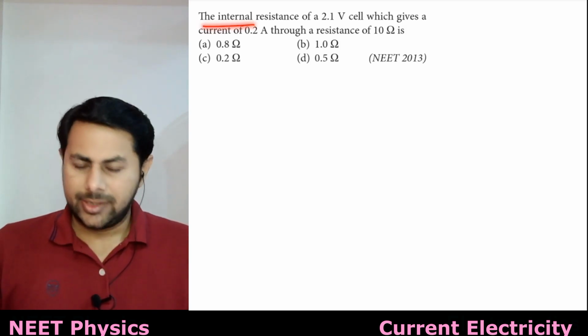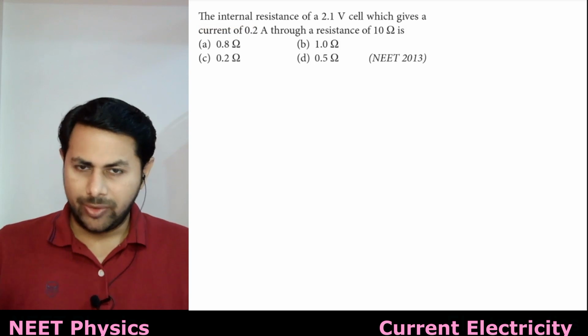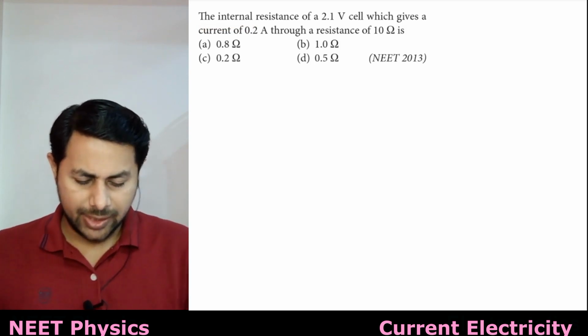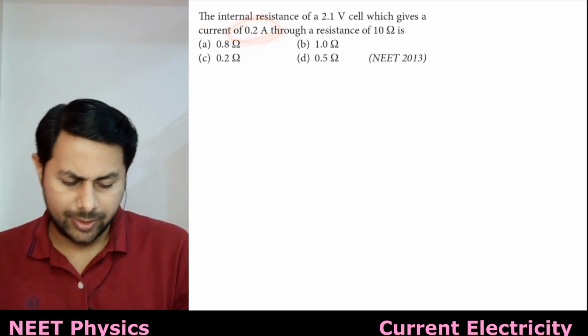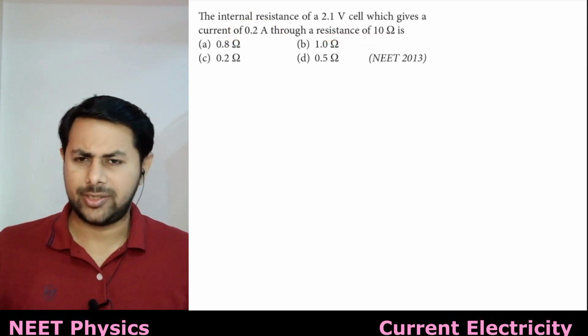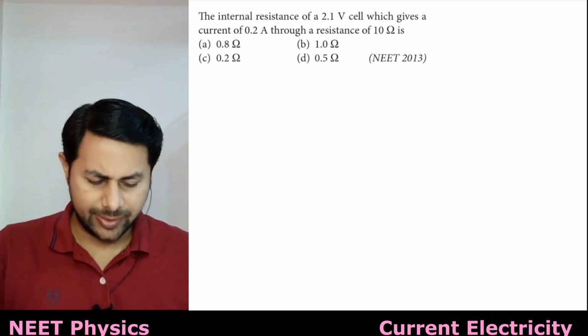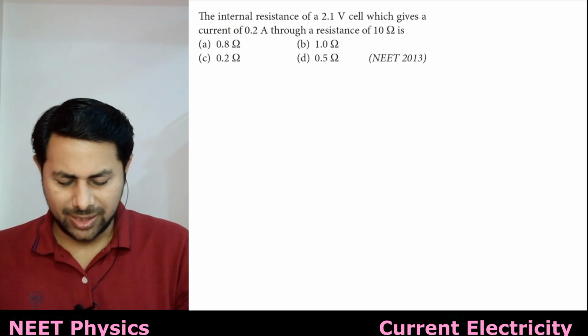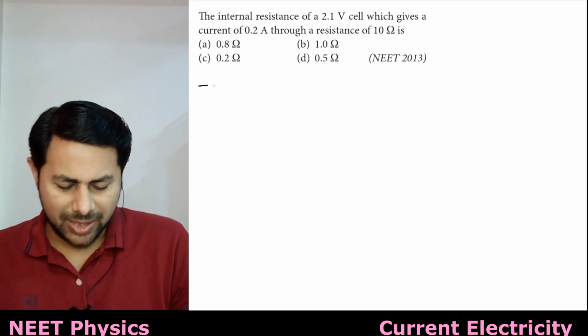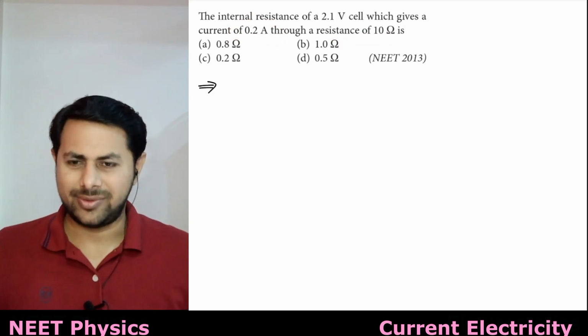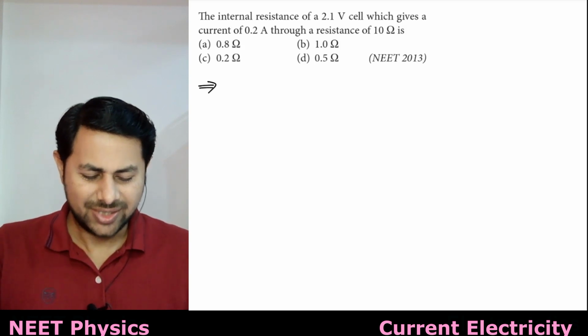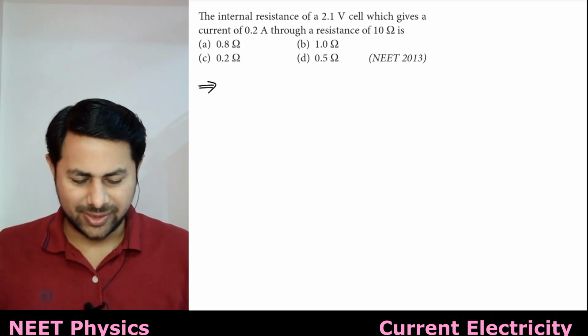The internal resistance of a 2.1 volt cell which gives a current of 0.2 amperes through a resistance of 10 ohm is. Again, this is a similar kind of question, right? And if you can solve one, you can solve all. We want to find out the internal resistance.